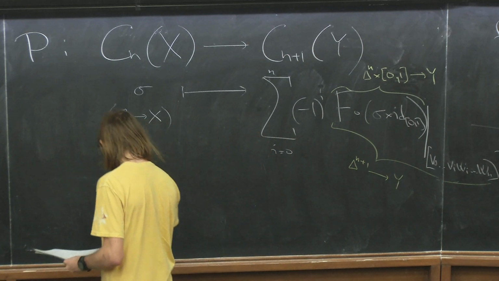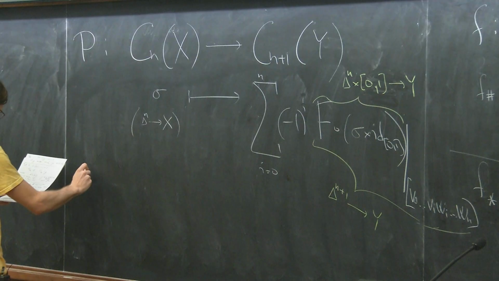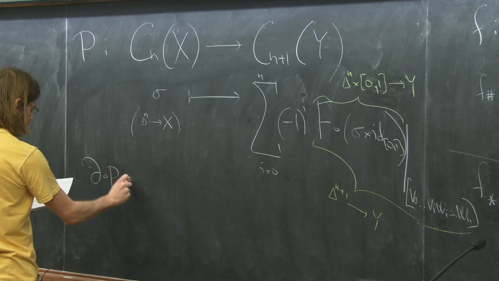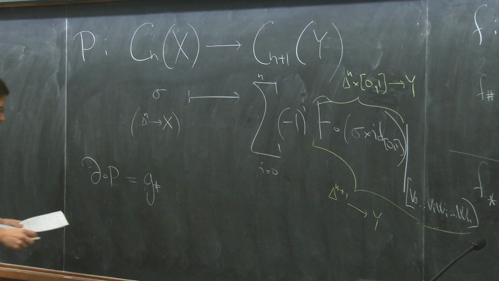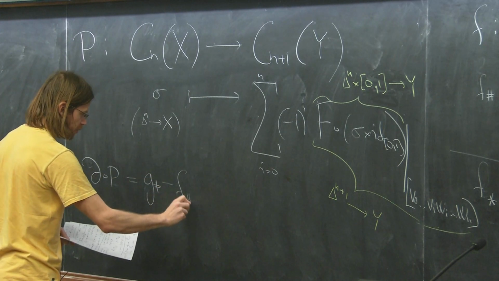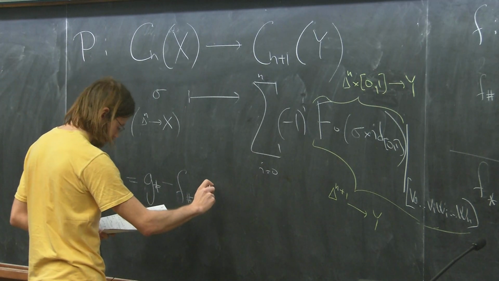And then it was announced that we want to show the following property, essentially the statement about the commutator of this prism operator and the boundary homomorphism.